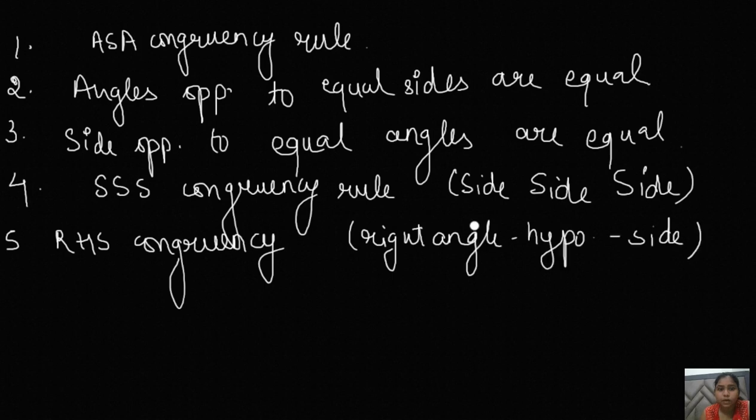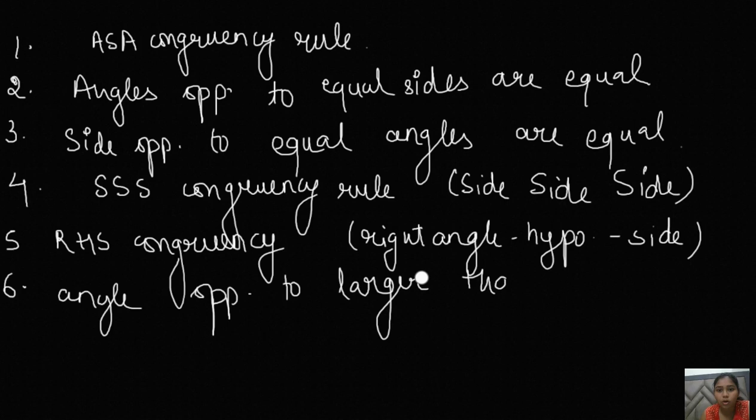Our sixth theorem was that the angle opposite to the larger side is always greater.